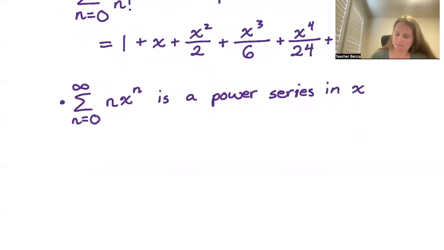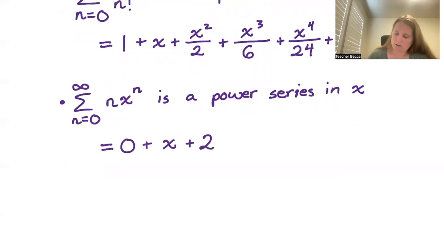Here, n equals 0 would just be a 0 term, so that first term would be 0. Then when n equals 1, we have 1 times x to the first power.